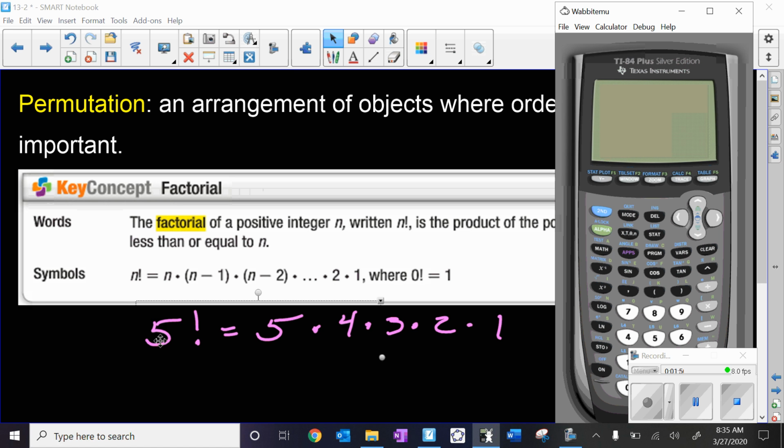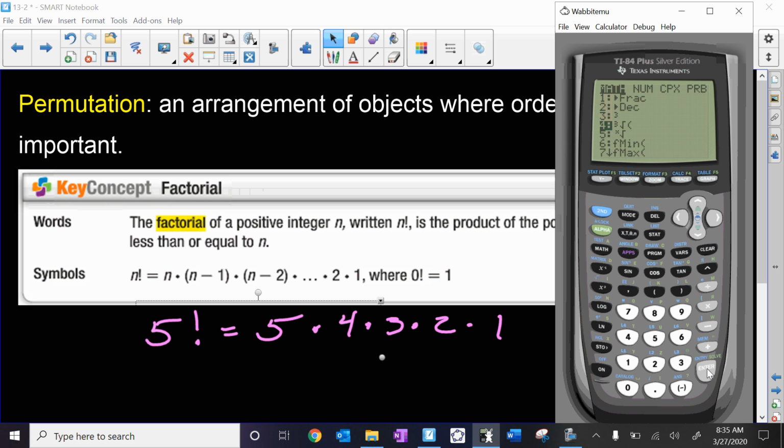If I wanted to type in 5 factorial, I would go 5, and then go under math, over to probability, and go to number 4. Type enter, and that would give me 120. And if I type it in the long way, it gets me the same answer, which it does. So that's what a permutation and factorial is.